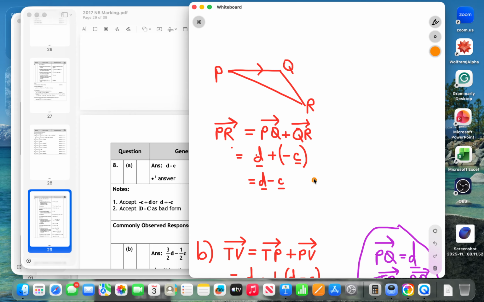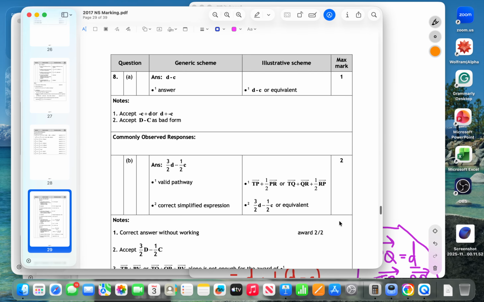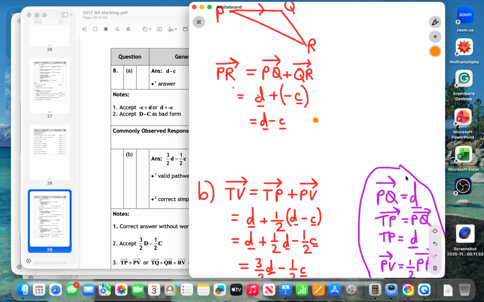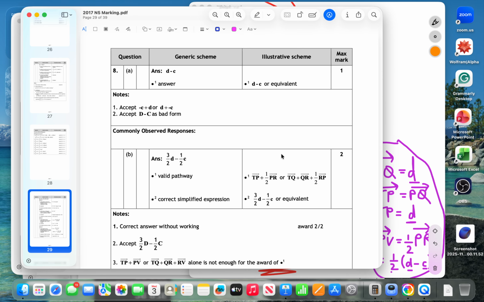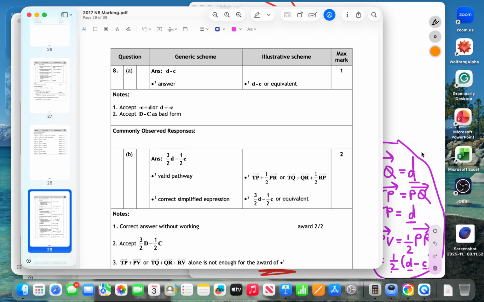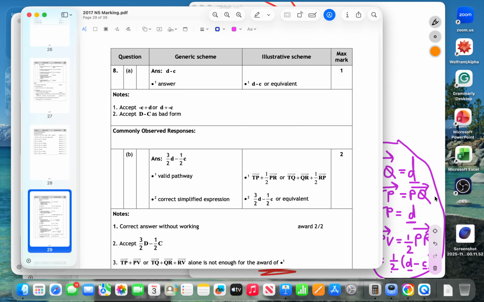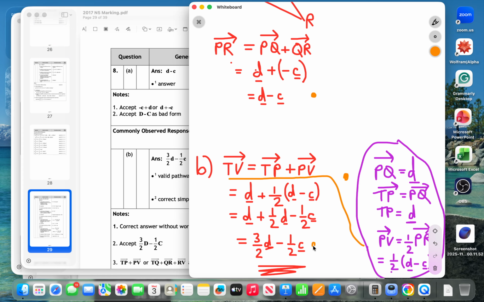So this is 1 mark, fairly easy. Now this one is the hard one. The first mark is for finding a valid pathway. So knowing the pathway would be a mark. Between this and all of this in here would be a mark, and the rest of it would be the second mark, like that.